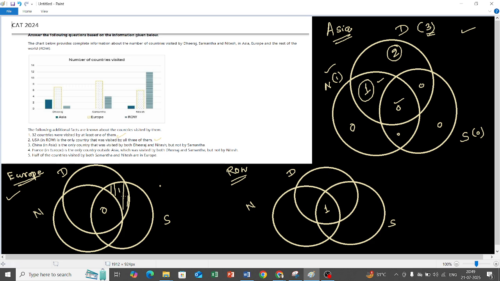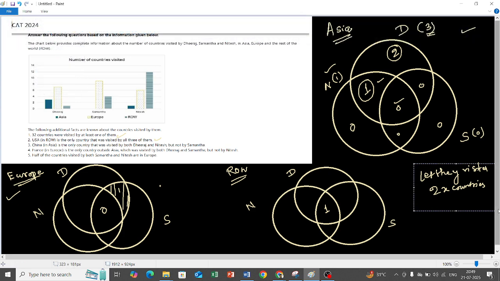Half of the countries visited by both Samantha and Nitish are in Europe. Now let me take, they visited 2x countries. They means this Dheeraj and Samantha.